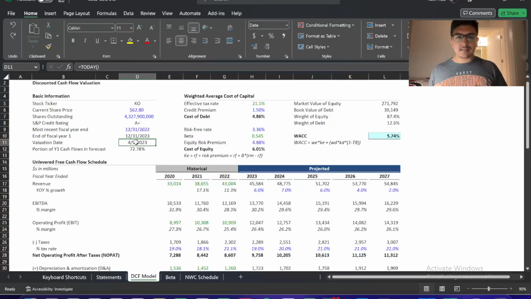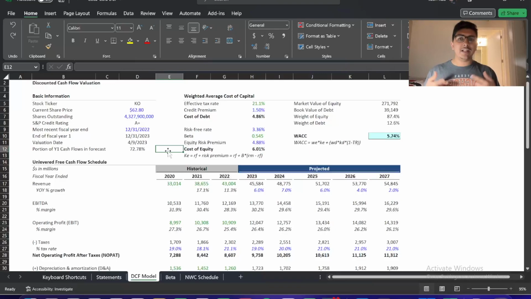The reason that this is important is that from 12/31/2022 to April 9th, 2023, Coca-Cola has still been operating as a business, and it has still been making beverages, or making all of its products, and most importantly, it's been selling those products.